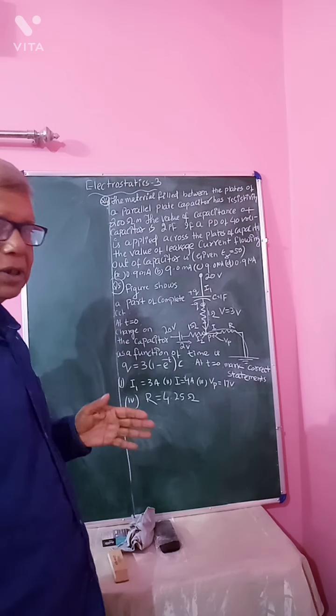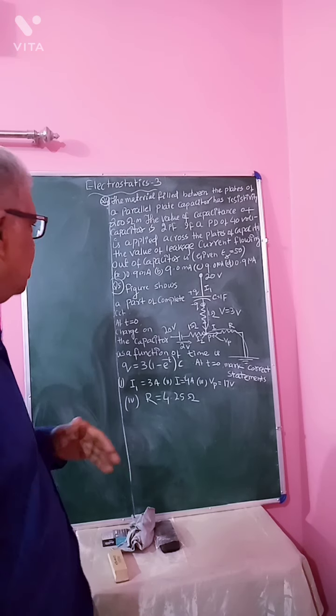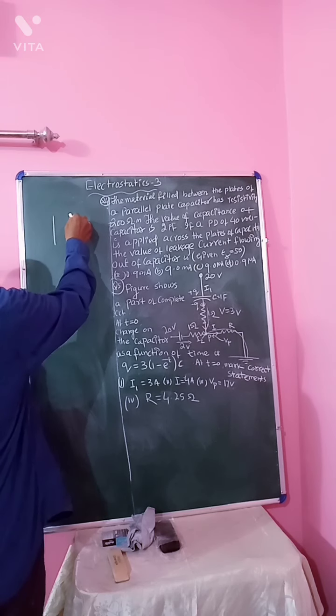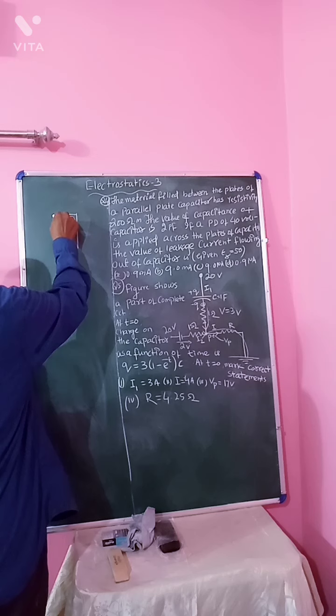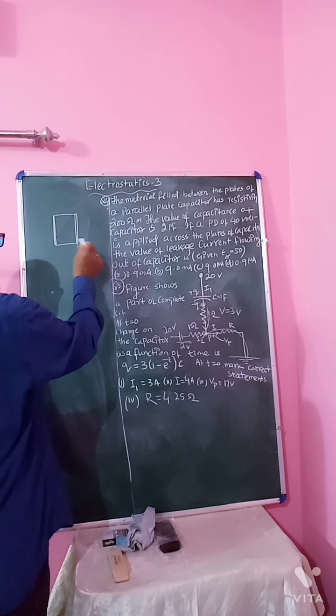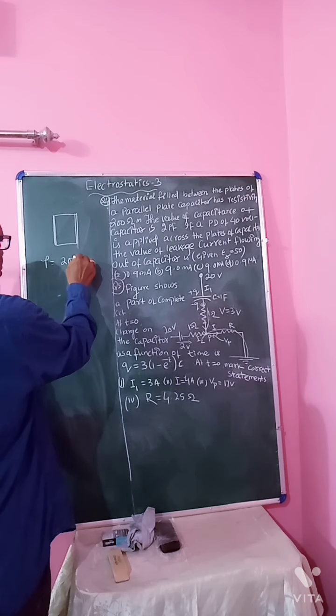Relative permittivity, that is dielectric constant of the material, is given 50. So how to solve this problem? Now a capacitor filled with a dielectric medium has a resistivity of rho equal to 200 ohm meter.